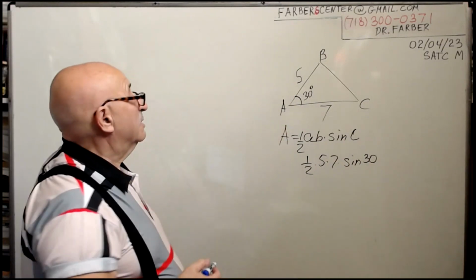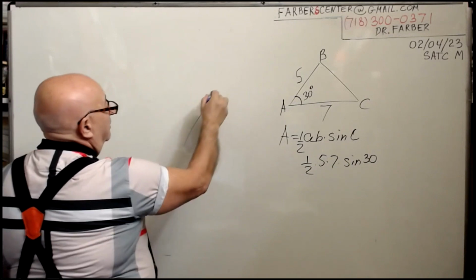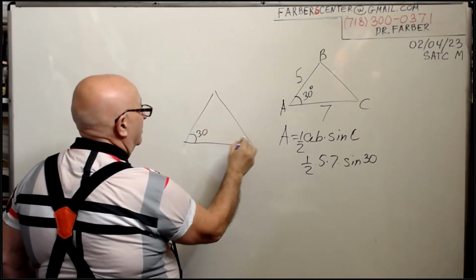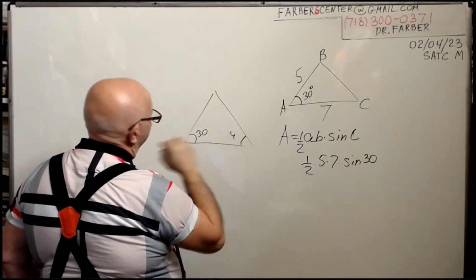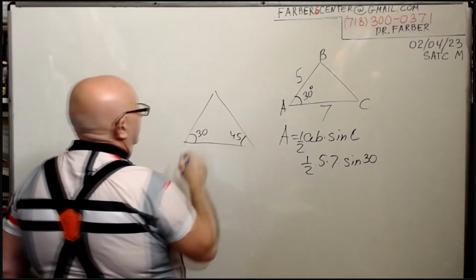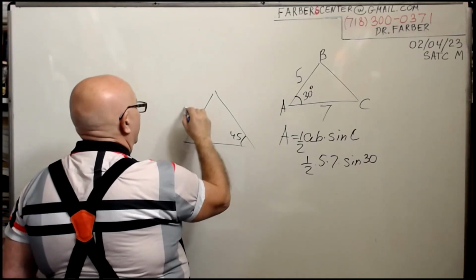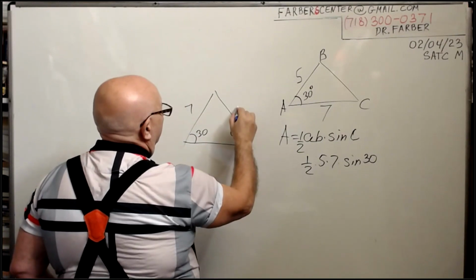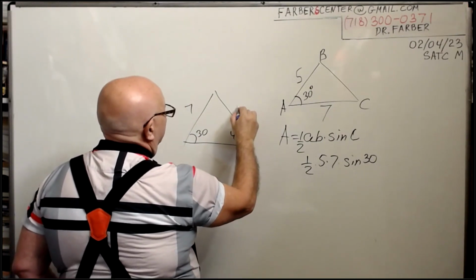In another case, we have a triangle with angles, let's say 30 and 45 degrees, and this side is 7, and they ask you to find side x.